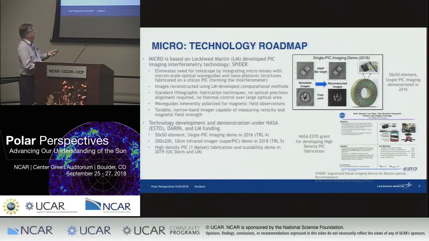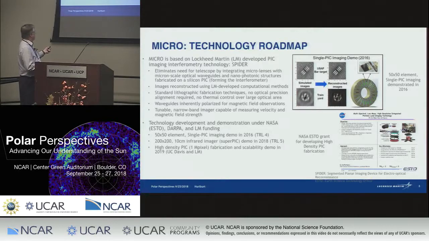It started off, and was demonstrated a couple years ago, with just a simple 50 by 50 element integrated circuit. They were able to reconstruct an Air Force target, and this is kind of blurry here, but this is essentially an image from a railroad yard. They have certain applications they're looking at for using this. We've recently had funding from the Earth Science side of NASA to look at another imager.